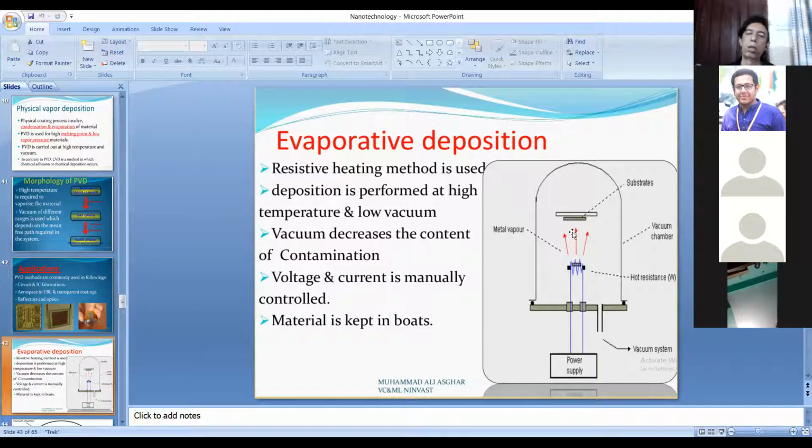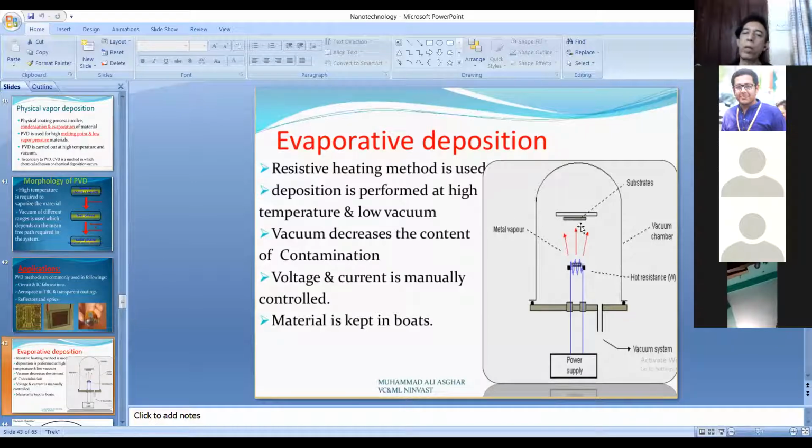Now, if the aluminum atoms do not reach the substrate, we will not get the desired amount of product. For that, vacuum is necessary. And second, air contains many molecules, and these molecules can also be deposited here.